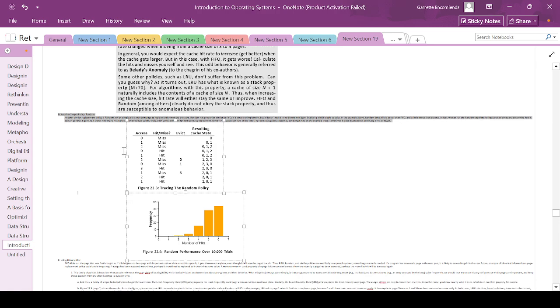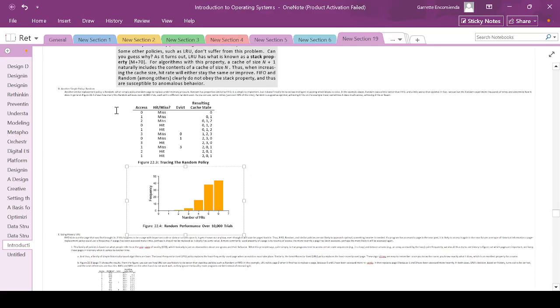Another simple policy is random. After that, they created this random policy. Another similar replacement policy is random, which simply picks a random page to replace under memory pressure. So all of these replacement policies work under memory pressure, right?